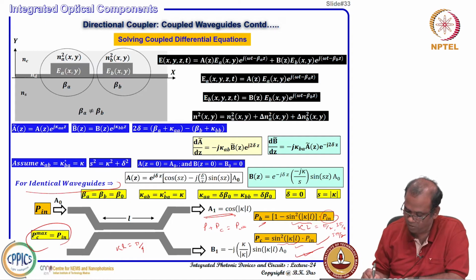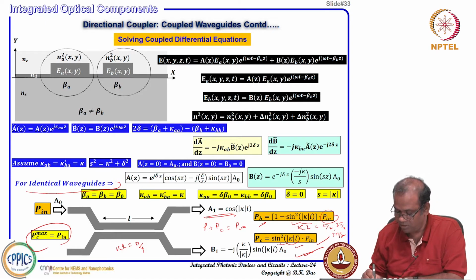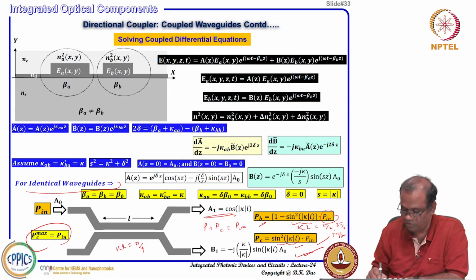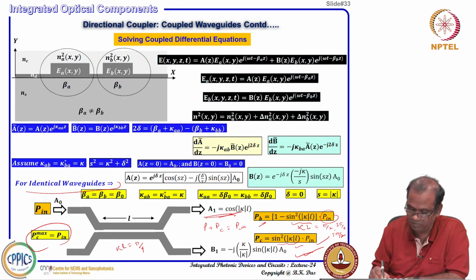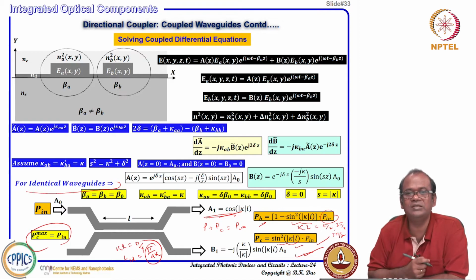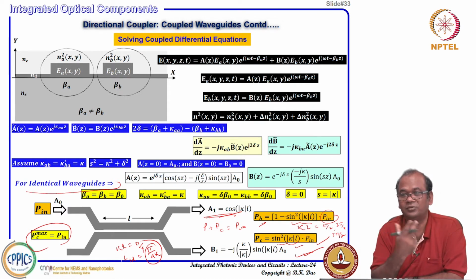If it is pi by 4, that means sine kappa L equals 1 by root 2 and sine square will be half. So it will be 50% here and 50% here. So you can design kappa L equal to pi by 4, or L 3 dB equal to pi by 4 kappa. If you know the kappa value, you will be able to calculate the 3 dB length.